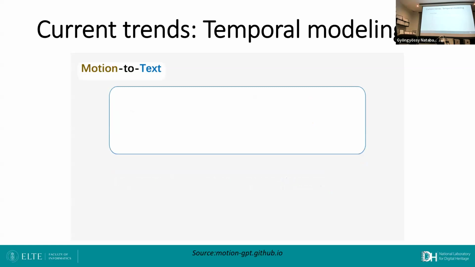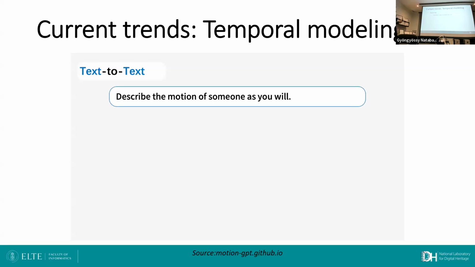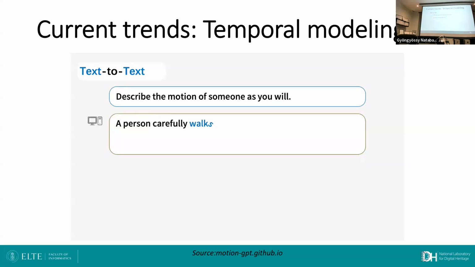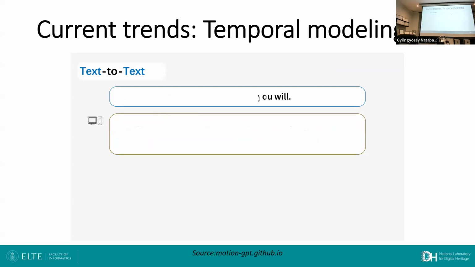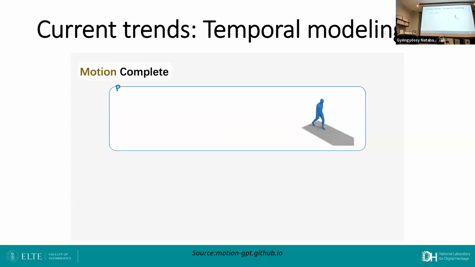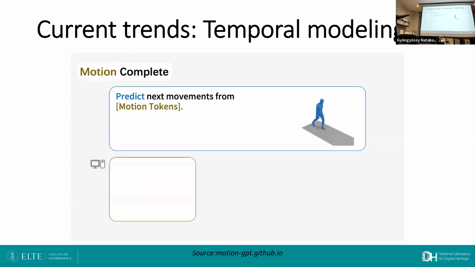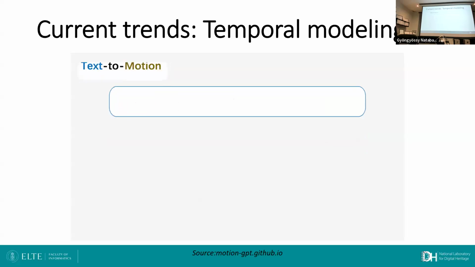So these are getting there. Of course, it can do text to text, and then in the end, you will see that it can also do motion to motion, which I think is a little bit more interesting. So basically, it can just predict the next motion tokens, which will be the next few seconds of this motion. So that's how you can basically model the world.